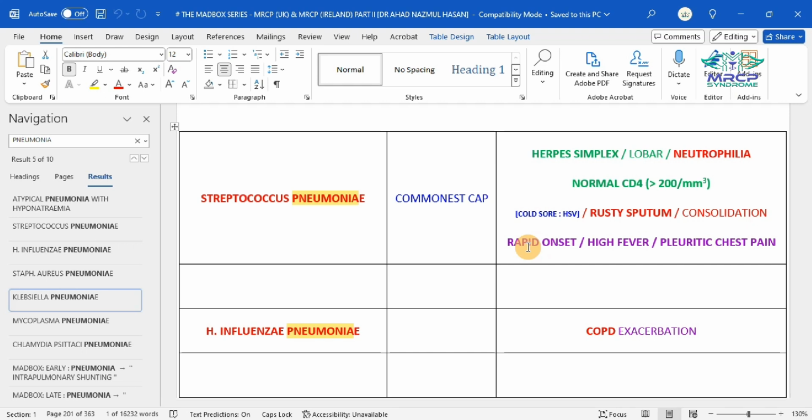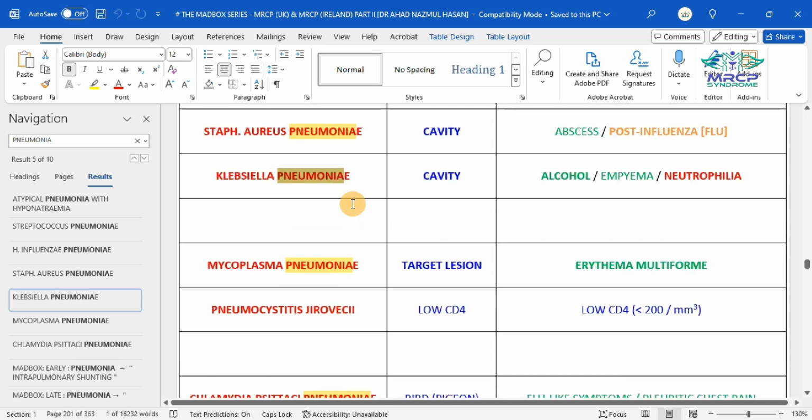And one of the most important clues is reactivation of herpes simplex virus presenting with a cold sore. Whenever a patient comes up following a cold sore, or with a cold sore, with pneumonia, this is Streptococcus pneumoniae. The patient will have a normal CD4 count, and there will be neutrophilia. So neutrophilia would be found in Streptococcus pneumoniae as well as in Klebsiella.